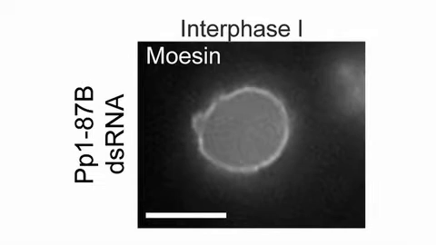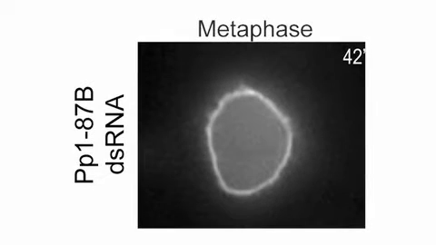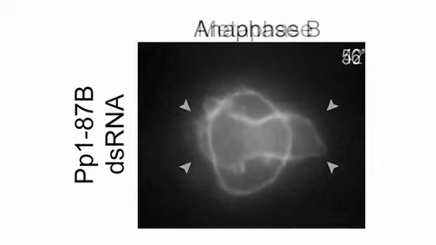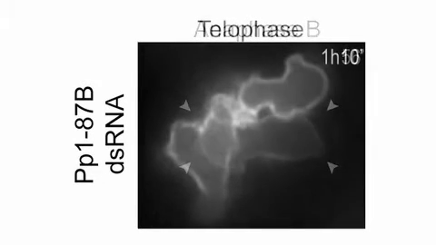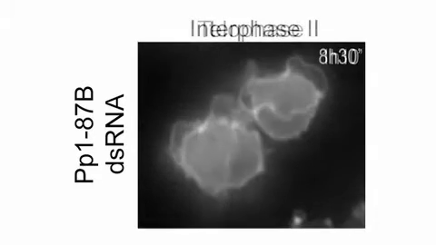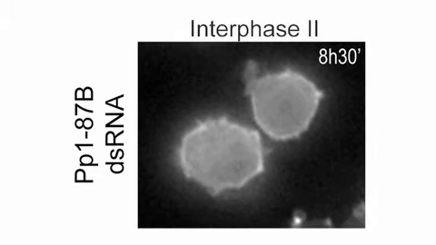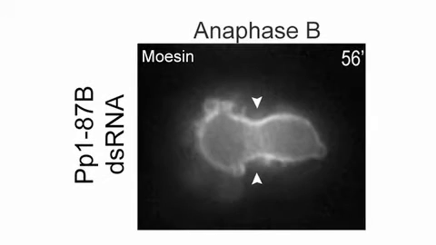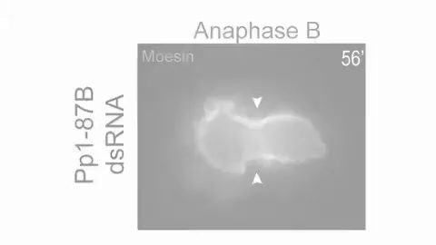In the absence of this phosphatase, known as PP1-87B, Moesin localized all around the cortex throughout the cell cycle, even in anaphase, resulting in cytokinesis defects similar to cells expressing constitutively active Moesin. However, Moesin still showed some preferential enrichment at the equator of anaphase cells lacking PP1-87B. So we thought that there was another mechanism that would reinforce this polarity of localization of Moesin during anaphase elongation.